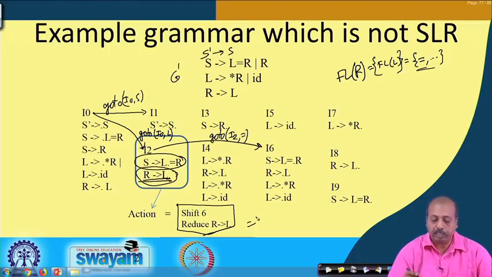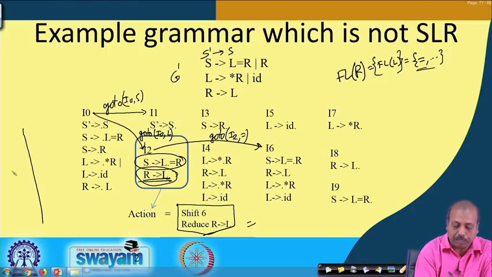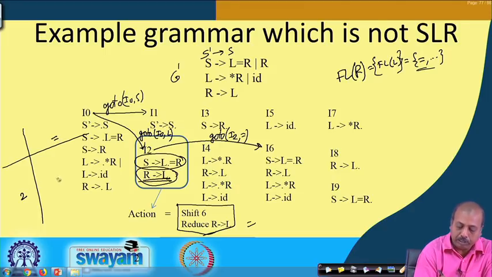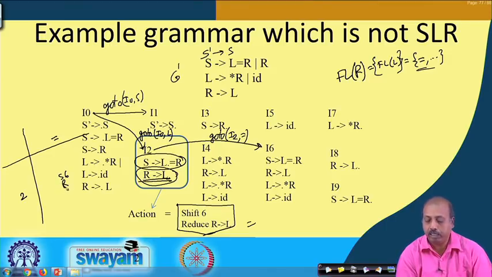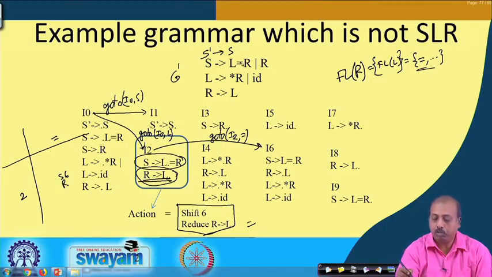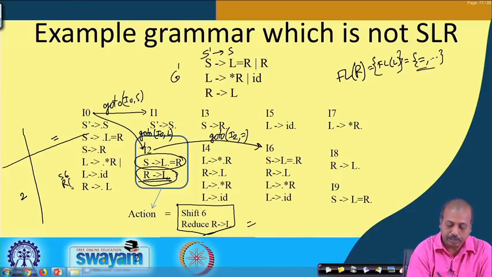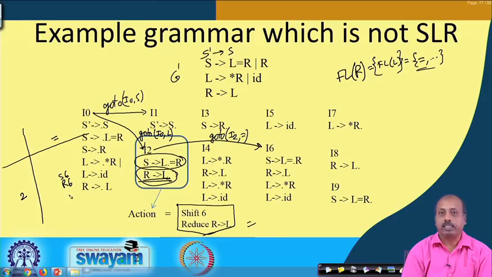Whenever you are trying to draw the parsing table, then for state 2 and for the input symbol equality, I will have two entries. One is shift 6, another is reduce by rule number 6.